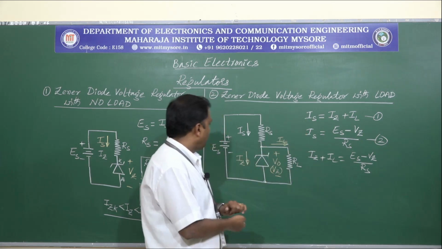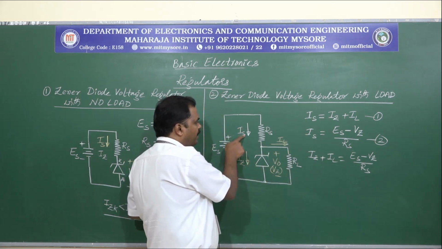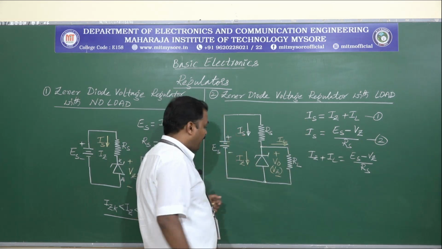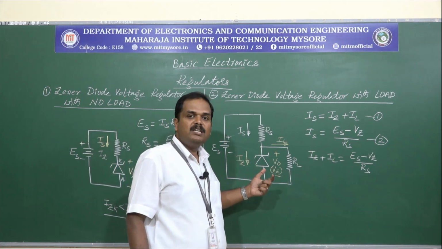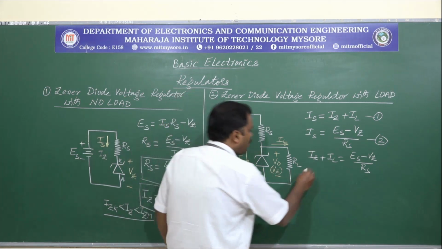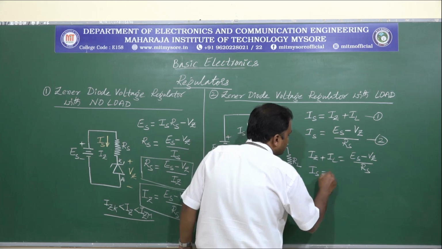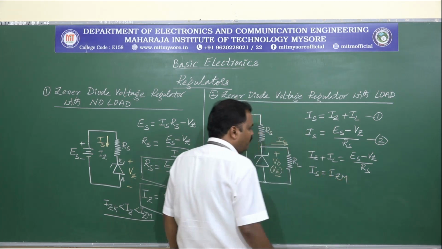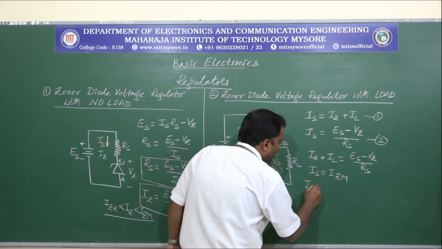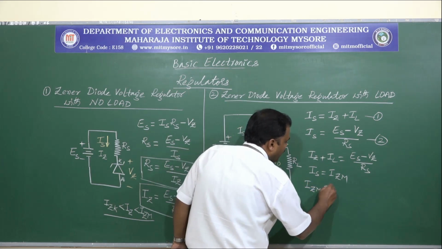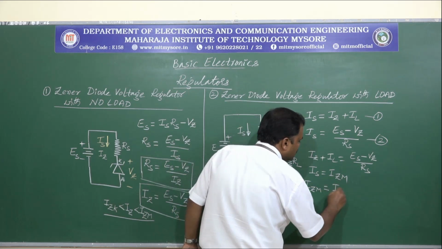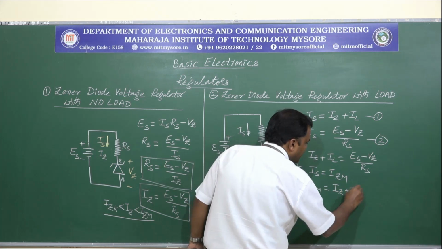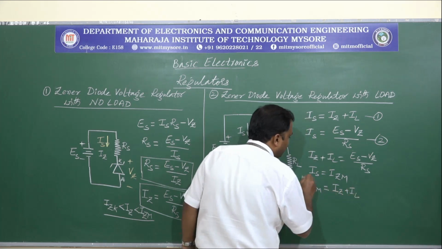And we know that this is the input current, which should be limited by the maximum Zener current, right? So I can also write IS is equal to IZM. So IZM can also be written as IZ plus IL.